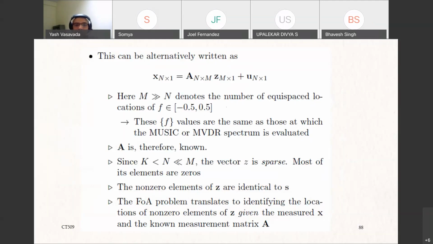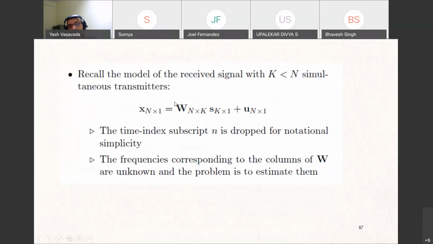And for each of these capital M different values of f, we know how to formulate the corresponding column. So now we have made this matrix A much bigger than W.